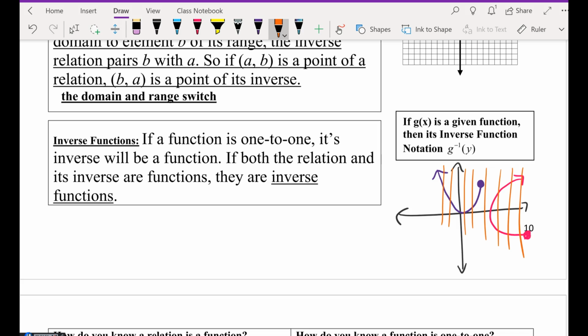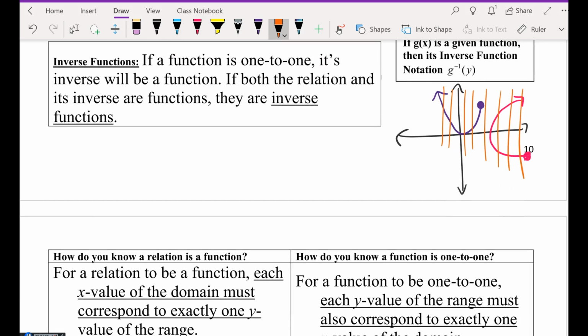Once. So let's look at the purple. I drew a bunch of vertical lines. Is there ever a location of x that it intersected twice? No. But look at the red. Did it? Yeah, so the purple is a function, but the red is not a function. So you remember a function was every input may result in at most what? 1 output.